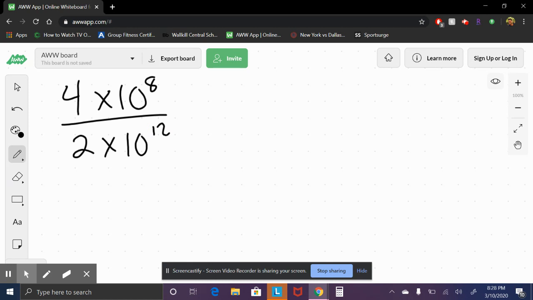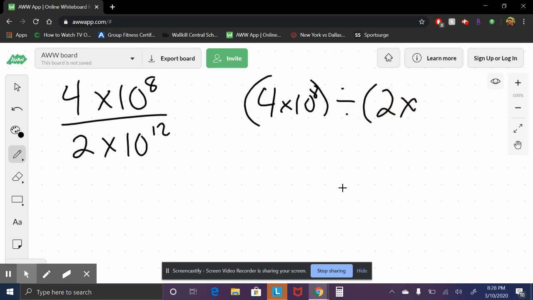So one way to write this division problem is like this, or you could have something that looks like this. Oops, forgot the 8 divided by 2 times 10 to the 12. Both ways are the same way of representing dividing these two numbers.